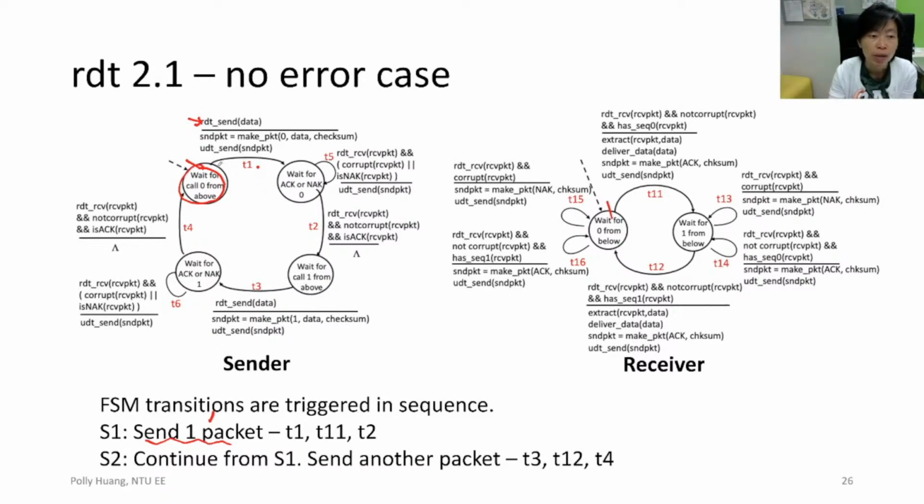So obviously, the first transition we'll be taking is at the sender side, and it's T1. It matches this event here, and it's going to complete all the actions listed here, which is to generate data packet 0 and send it out. At this point, the sender here enters the wait for ACK or NAK 0 state, right?